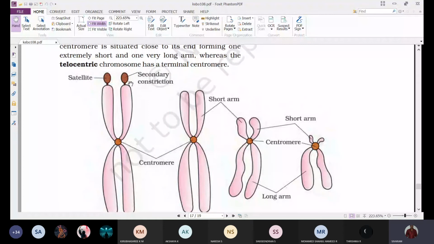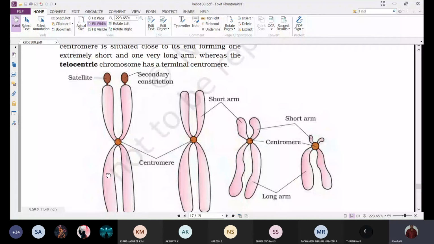This is not considered as the centromere, and the chromatid that is present after the secondary constriction, we call it a satellite. Here we have to take into consideration this satellite along with the normal chromatid. If we take this, these two lengths are similar. So that's why it is called a metacentric.